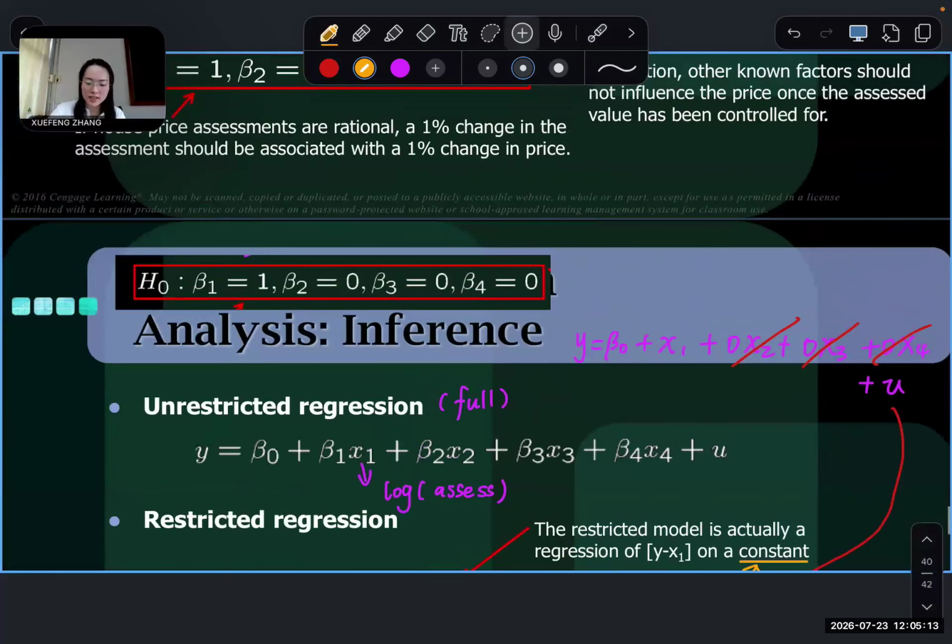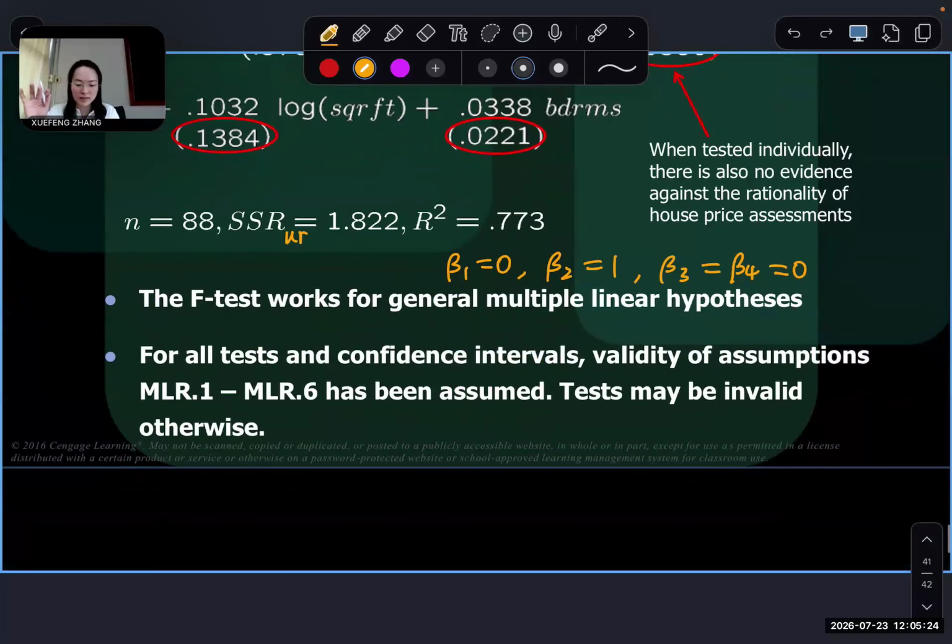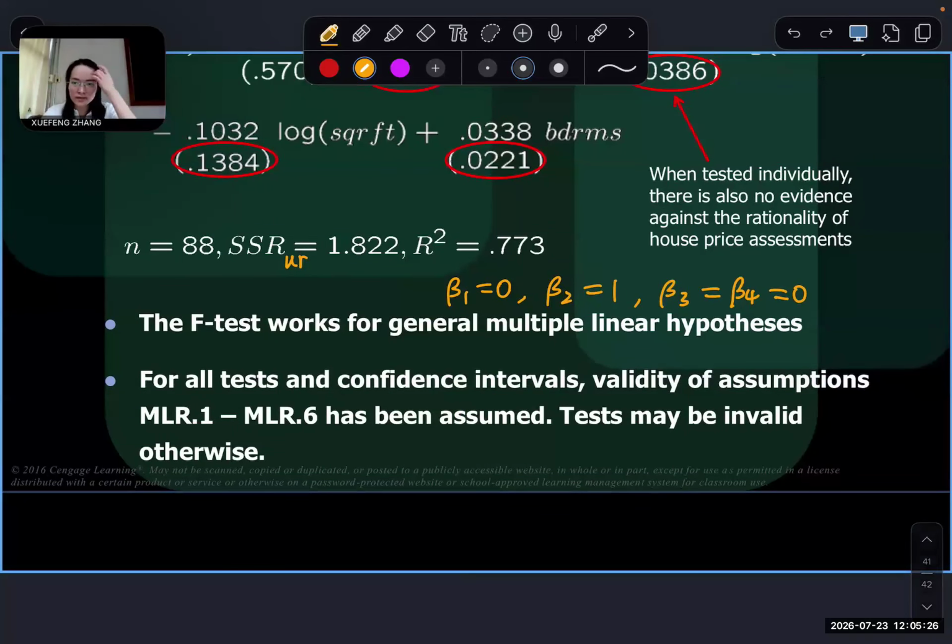Okay, so I just changed a little bit our null hypothesis, okay? Any other linear combination, the F-test can deal with that. It handles any combination of linear restrictions, okay? Equalities or specific values, whatever your hypothesis needs.